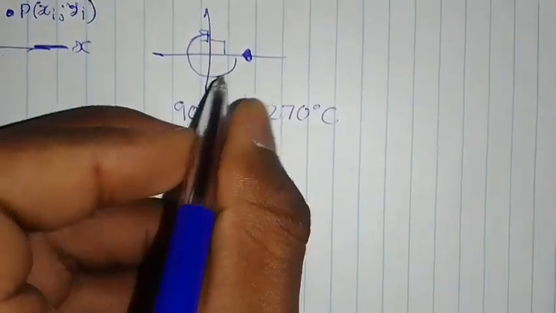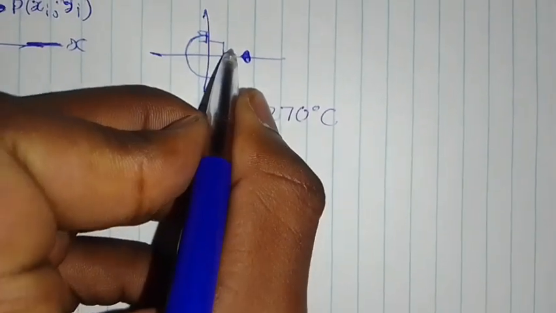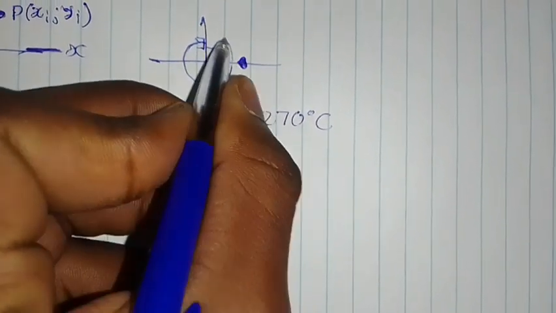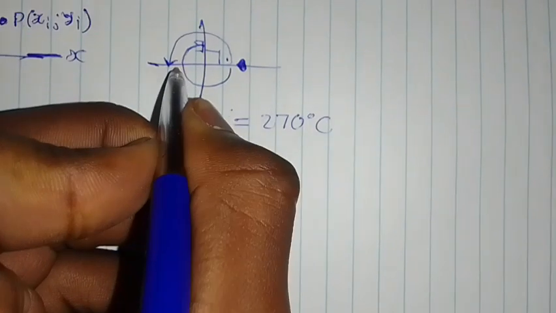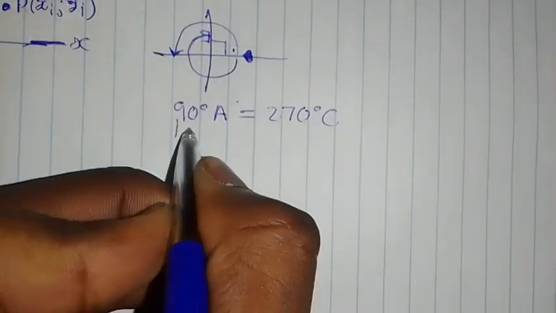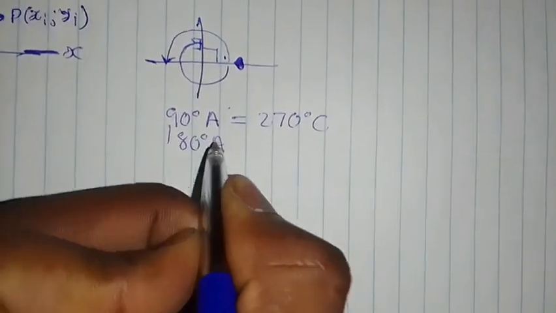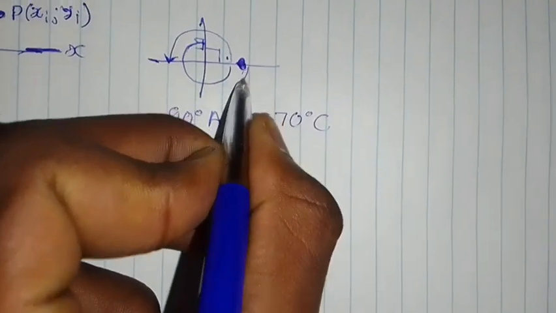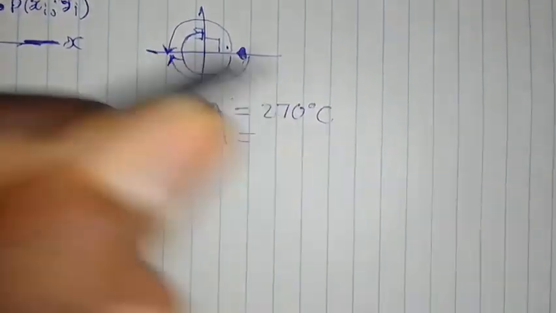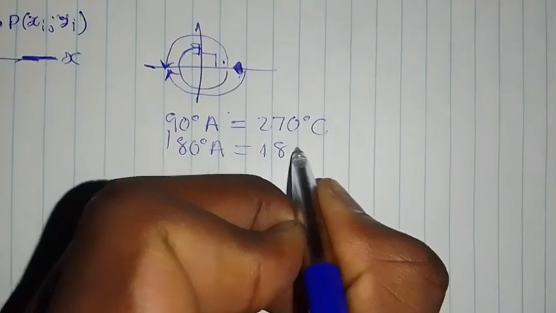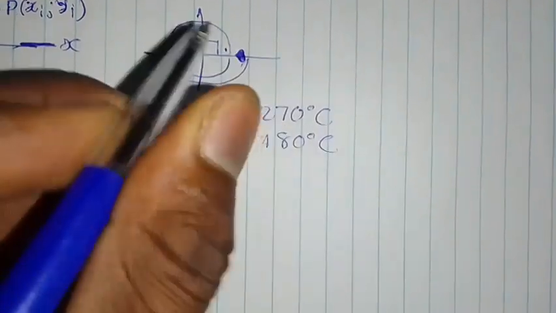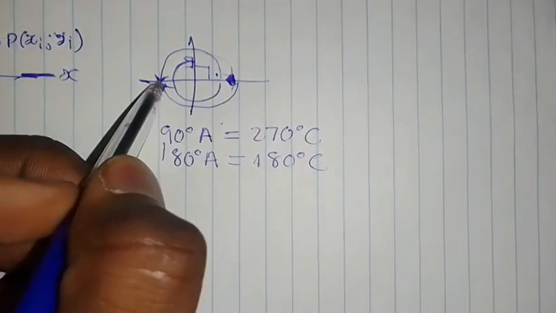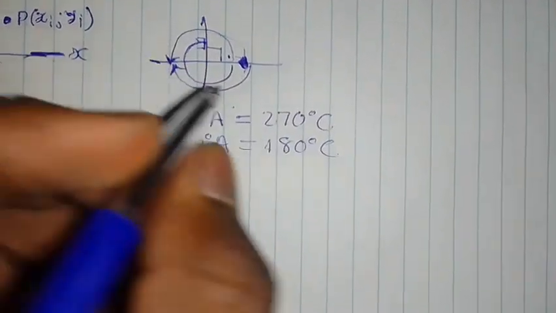Now that means that if you rotate this point 180 degrees anti-clockwise, that's the same as rotating it 180 degrees clockwise.